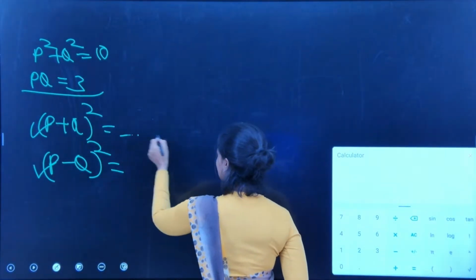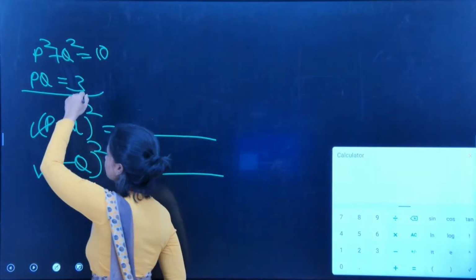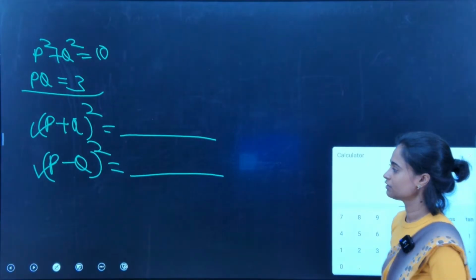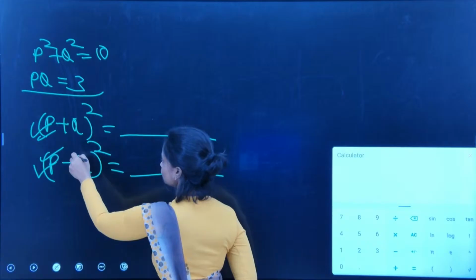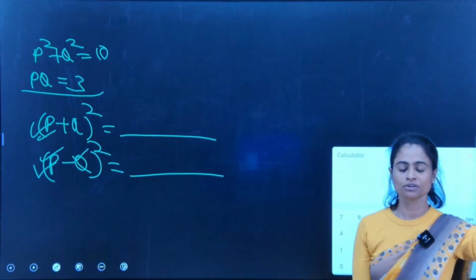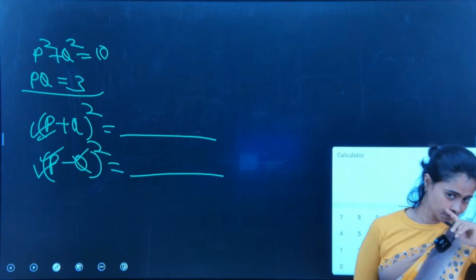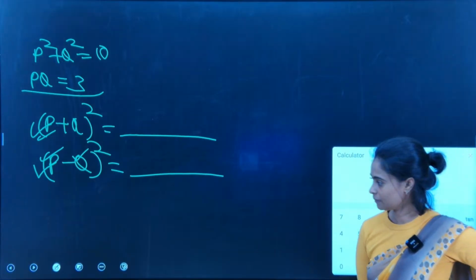In that expanded form you plug in these values, and after plugging them in you will get the values of P and Q. So I leave it to you. Please try it at home and show it to me, okay?